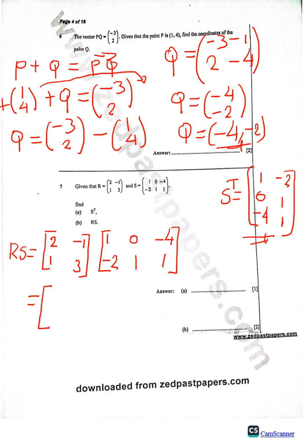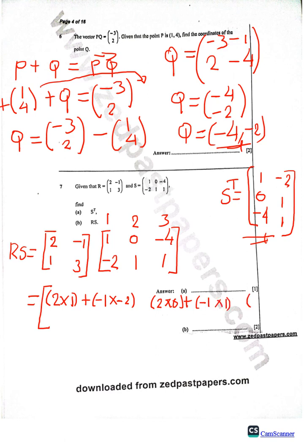So here we are saying 2 times 1 plus negative 1 times negative 2. So the first column is done. Let's go to the second column. So this is our first column, second, third. So let's go to our second column. So it's 2 times 0 plus negative 1 times 1.